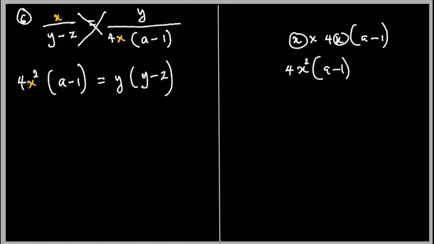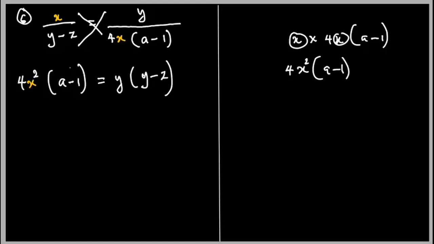So that's it. Now we need to get x, and as you can see, they are all multiplying here. 4 is multiplying x squared, and x squared multiplying a minus 1. So how can I get my x first? To get this x first, I need to take out this 4 and this bracket first before anything.